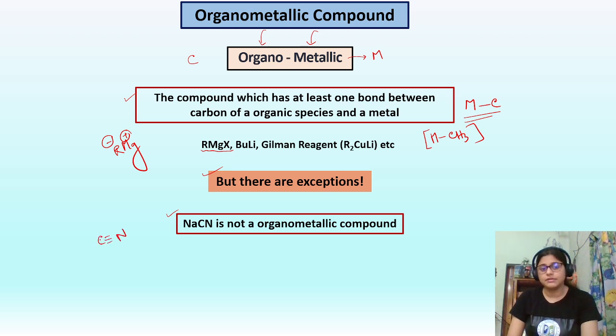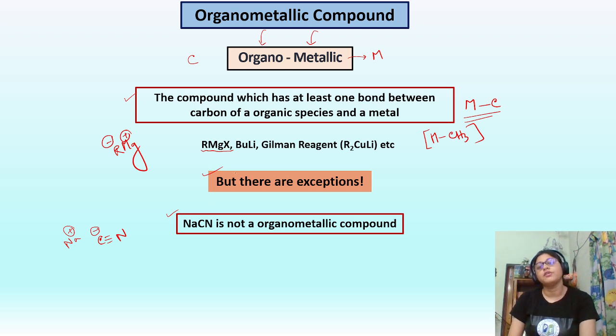It is NaCN, right? Through C actually it is bonded, but here it is an ionic kind of compound because it is a sodium salt, right? So it exists like Na plus and CN minus. So no true sigma bond is present here. Okay, only an ionic bond is present here.